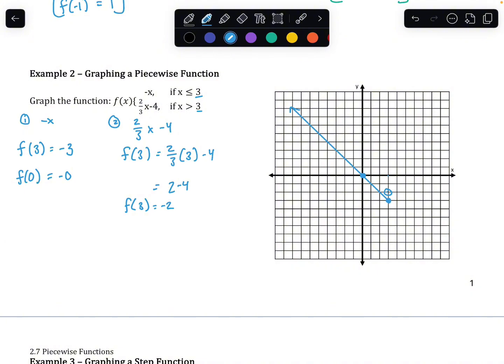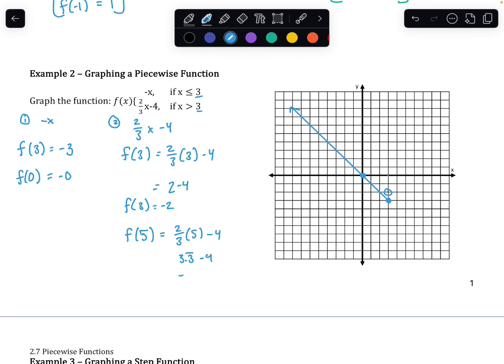It's going to the left because it's less than. And we have greater than 3, so let's just do 4. So the function, let's do 5, equals 2 over 3 times 5 minus 4. 2 over 3 times 5 is going to be 3.3 repeating, minus 4.